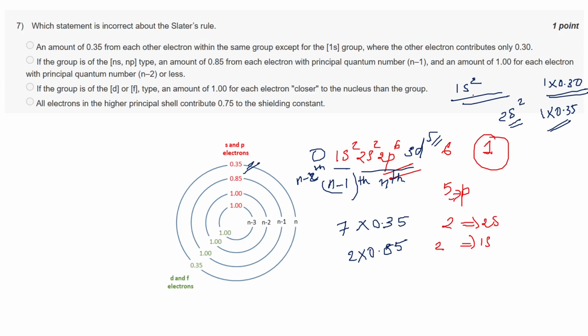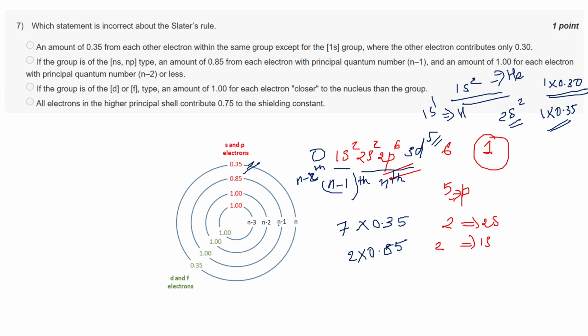If there are no other electrons and only electrons in 1s2, in that case it will be 0.30. But in this case we have other electrons in 2s and 2p, therefore we will consider 1s also as 0.35. The 0.30 case is for helium, when there is only 1s2, or 1s1 for hydrogen. In these cases, each electron will have 0.3 contribution.